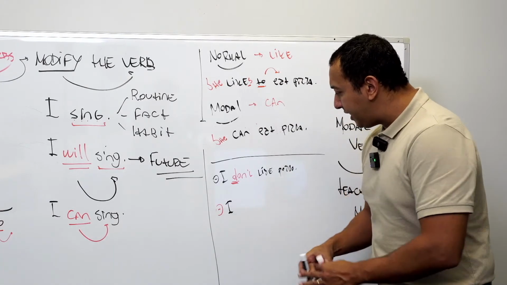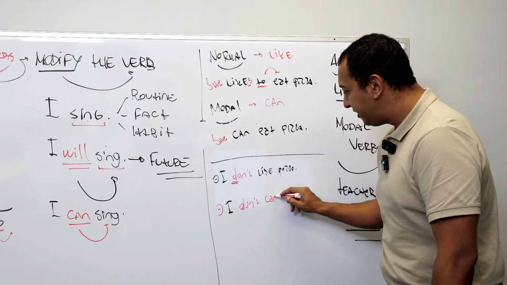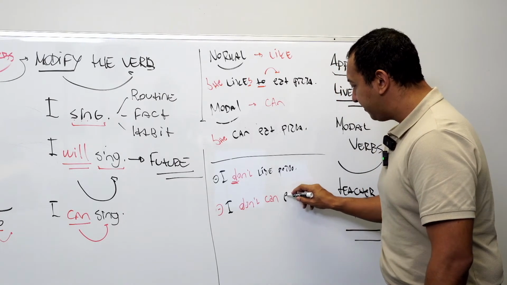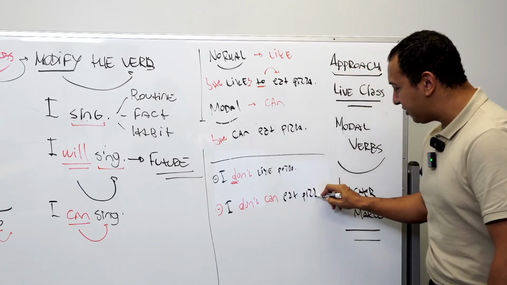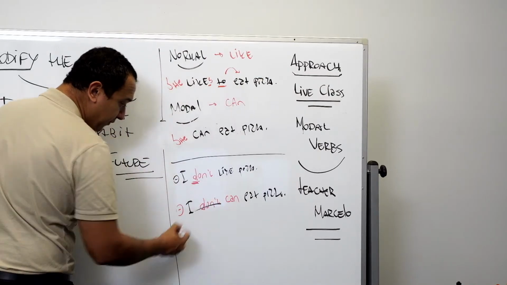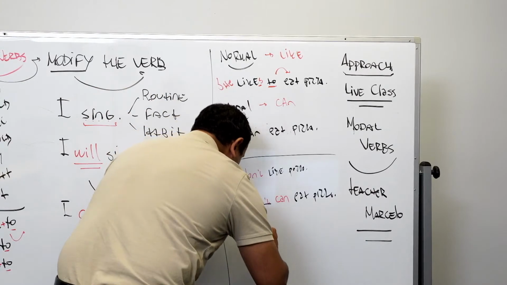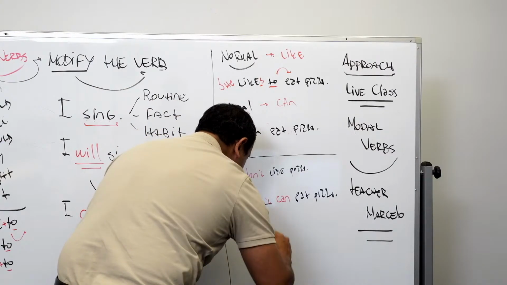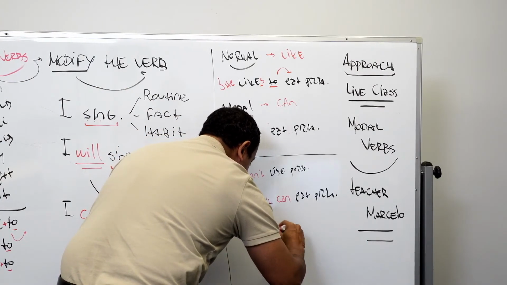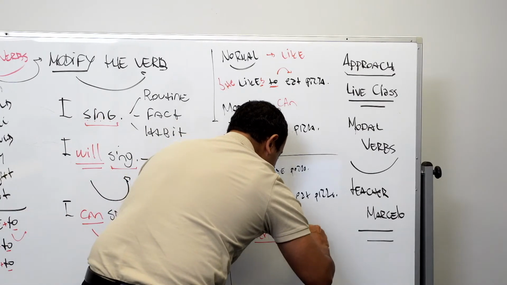Oh, I don't can eat pizza. This is incorrect, okay? I don't use the auxiliary, guys. For me to create the negative form, I have to say this. Look, I can't eat pizza.